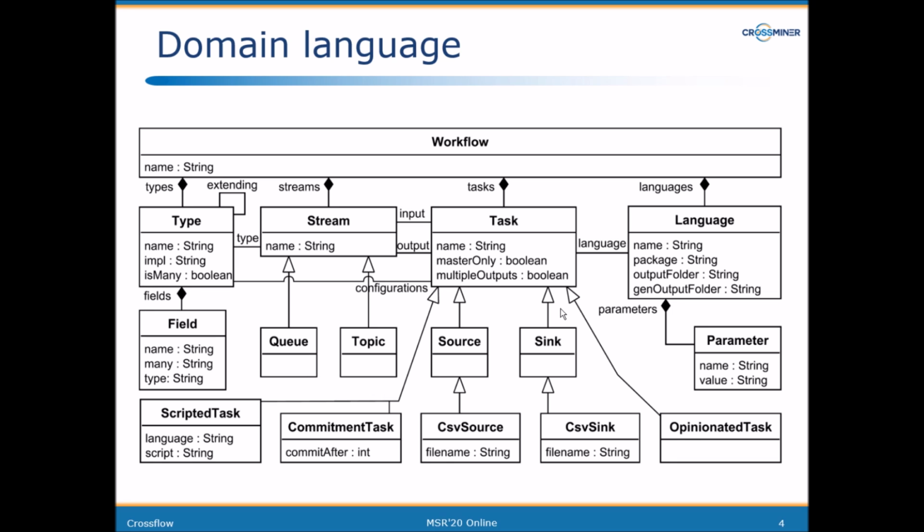These two types of tasks will only run on the master, so they will have access to all of the data to be sent or received, respectively. Other tasks include opinionated tasks that are able to reject elements based on custom code executed upon receiving each element.